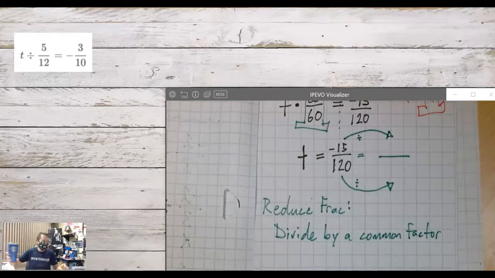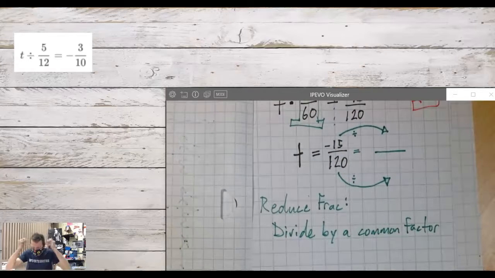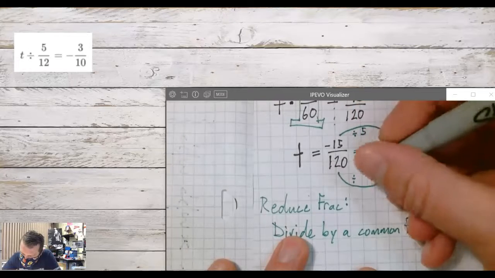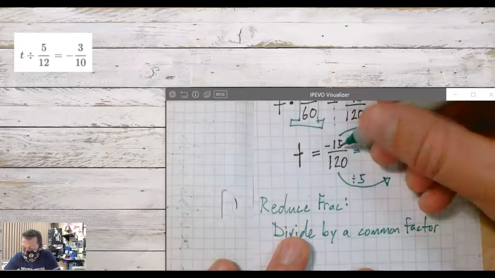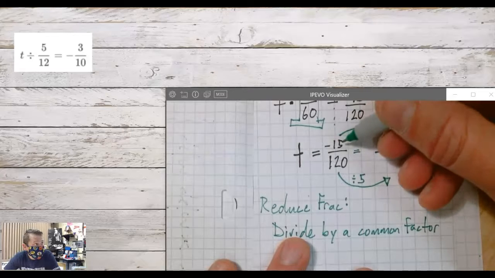So if those numbers end in 5 and end in 0, what do we know they can divide by? Yeah, when we end in 5 and end in 0, we know that we can divide by 5. So divide by 5, divide by 5. Careful, we have a negative.